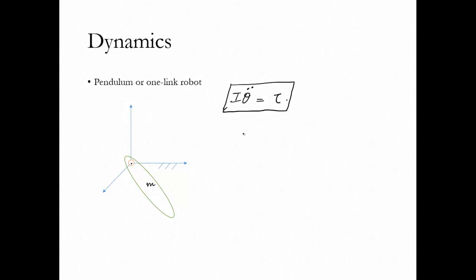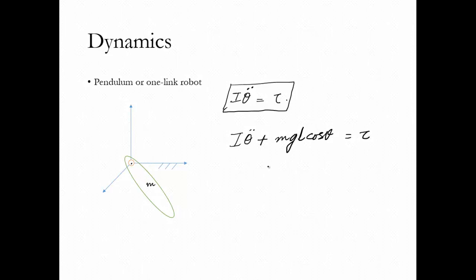But generally we cannot ignore gravity, because a pendulum is supposed to fall freely under gravity. Though we could have single link systems where the robots do not act under gravity, it could be a planar case. But in this case, let's assume there is a gravity component, so it will be I theta double dot plus mgl cos theta equal to tau.